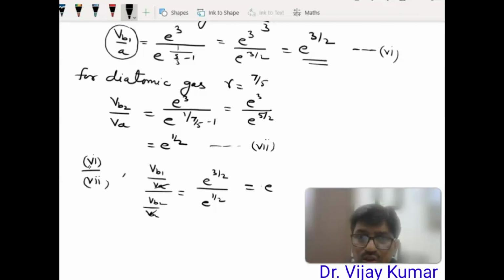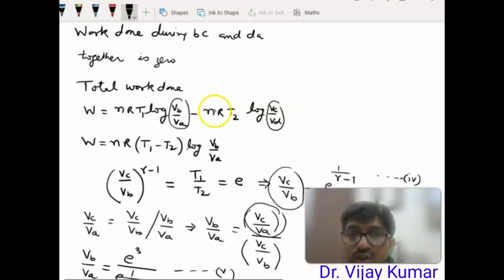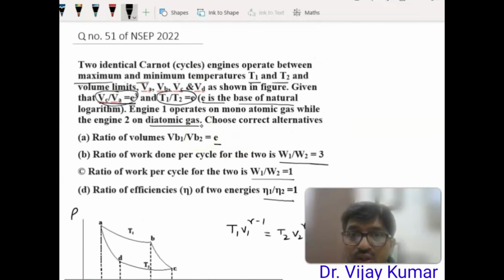This is e. So VB1 upon VB2 is equal to e. And if we check the answer, VB1 upon VB2 is equal to e. So option A will be the correct answer.